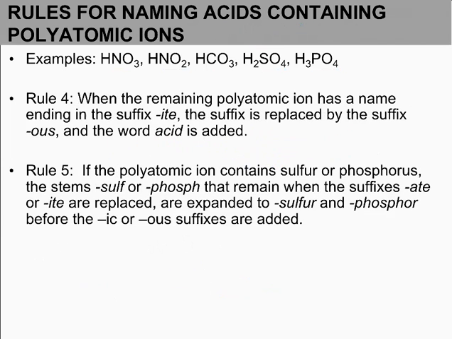All right, so let's say that instead of HNO3, we're looking at HNO2. So that will ionize in water to give H+ and NO2-. And that polyatomic ion is nitrite. So the ending has changed.